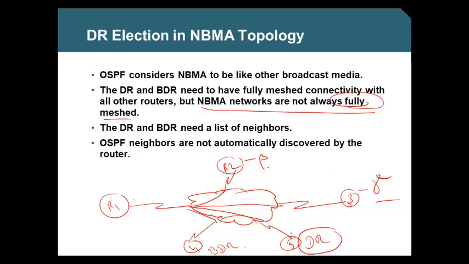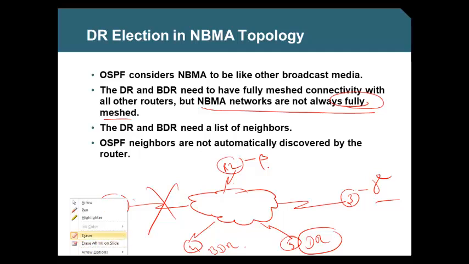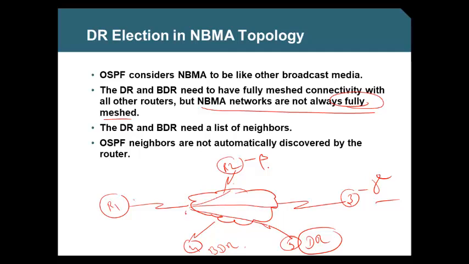If it is full mesh, then it is useful. Even if this link goes down, no problem. There is still connectivity with 2, 3, and 4. There is some use in the role of DR and BDR. But in hub and spoke, it is useless. That is what this page explains to you.